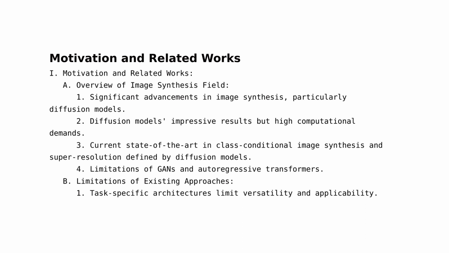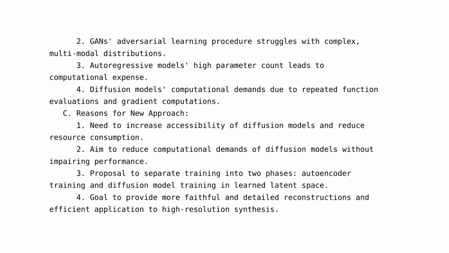Training such models requires massive computational resources, and evaluating an already trained model is also expensive in time and memory. Limitations of existing approaches. Existing approaches often require task-specific architectures, limiting their versatility and applicability across a wide range of tasks. The adversarial learning procedure of GANs does not easily scale to modeling complex, multimodal distributions.